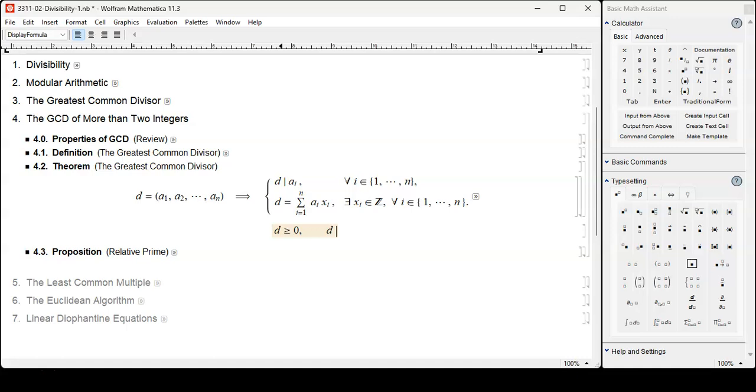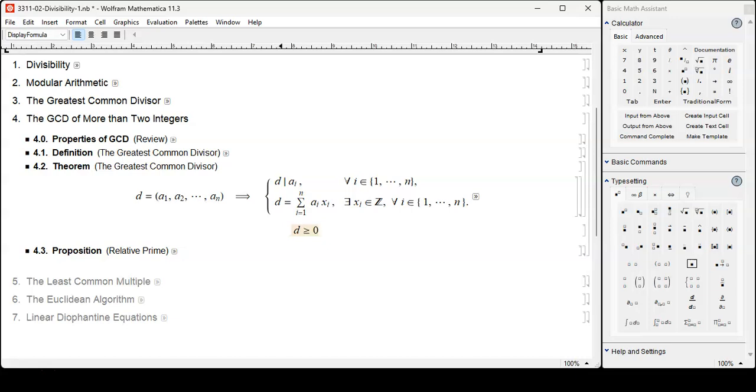And then D divides all the A_i's: A1, A2, A3, and so on. Or let me just use the for-all notation. Oh, okay, all right.